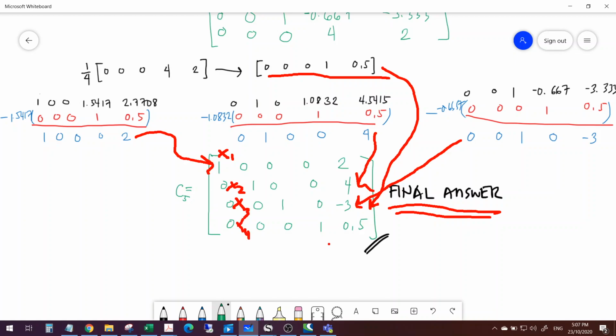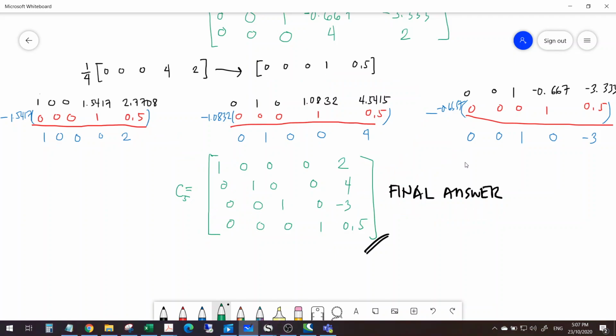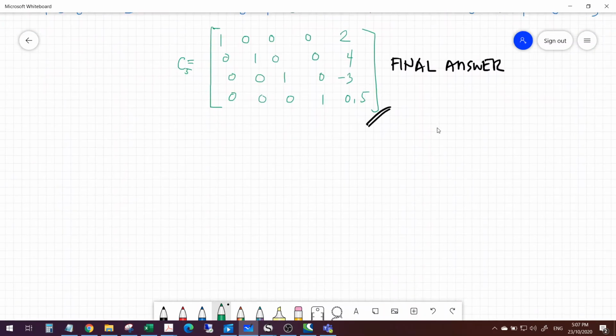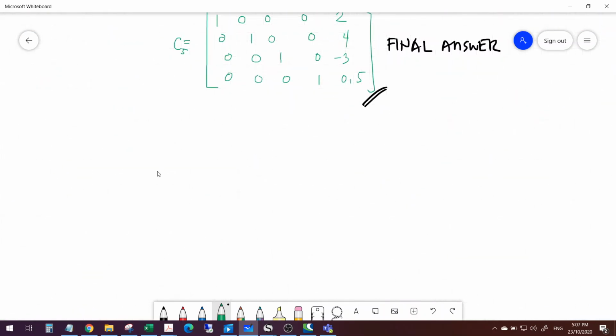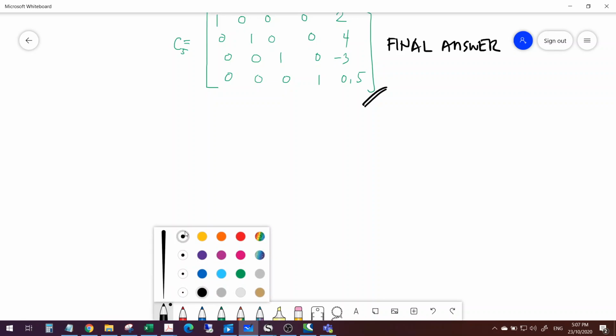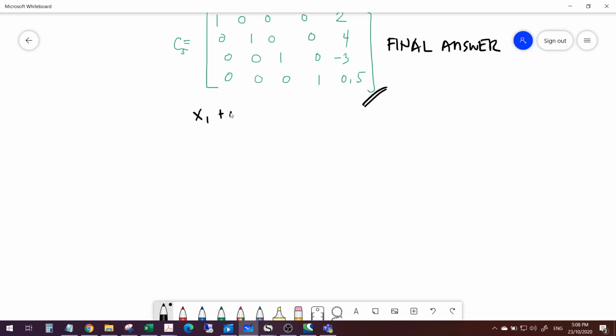Okay, so by interpreting that, we can simply rewrite that here as x1 plus 0 x2 plus 0 x3 plus 0 x4 equals 2.